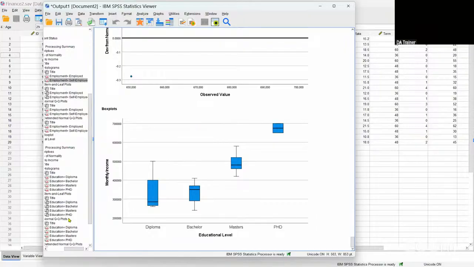Okay, let's go further. Let's look at cross tabulation. Now, under cross tabulation, the question is, is repayment status associated with gender?